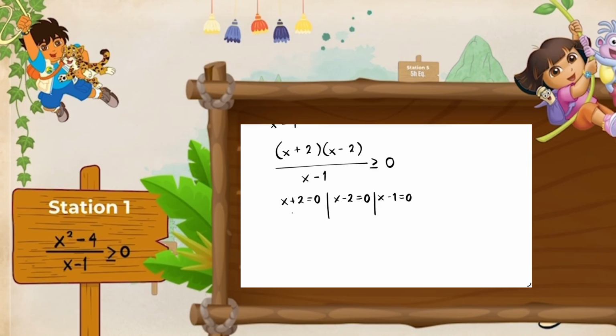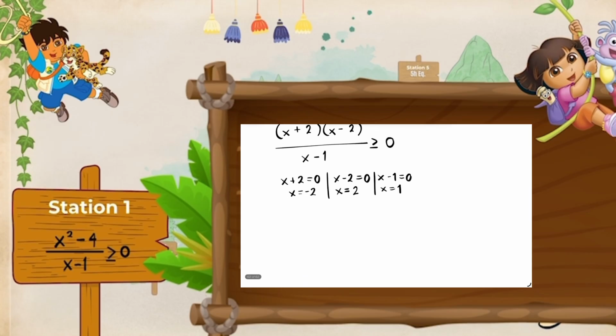So x plus 2 will become x is equal to negative 2. x minus 2 will become x is equal to positive 2. And x minus 1 will become x is equal to positive 1. Now, those numbers, we're going to plot on the number line. There are 3 numbers: negative 2, positive 1, positive 2.